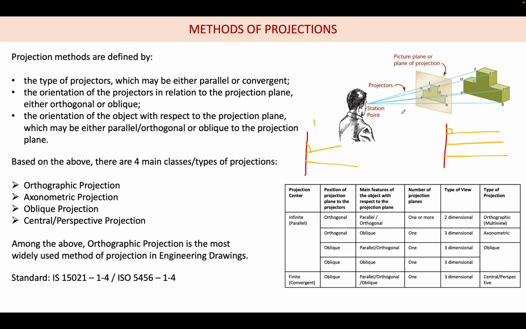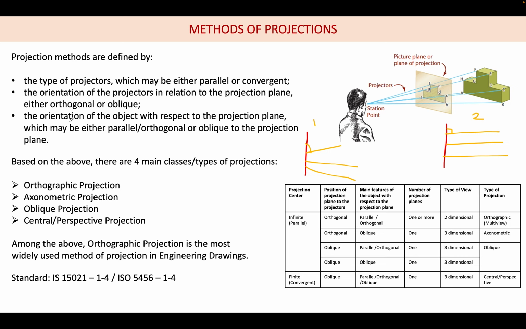Is it case 1 or case 2? We can see that the projectors are not orthogonal. Orthogonal means that it makes an angle of 90 degrees. So in this case it is oblique.